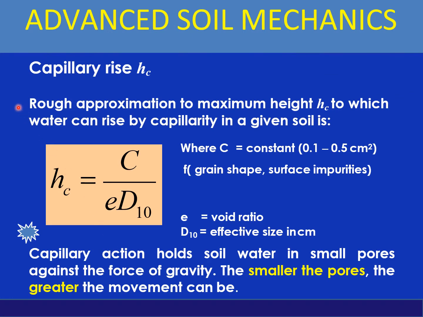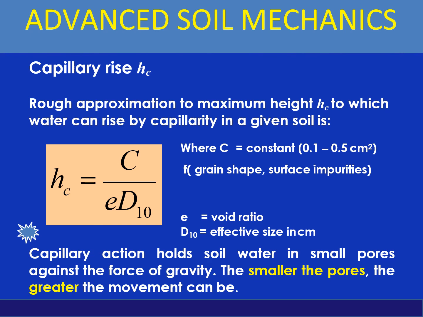A rough approximation to the maximum height h sub c to which water can rise by capillarity in a given soil is this one, where C is a constant whose value is from 0.1 to 0.5 square centimeter, and it is a function of grain shape and surface impurities. e is the void ratio, and d10 is the effective size in centimeter if you are using this constant in this range in centimeter square.